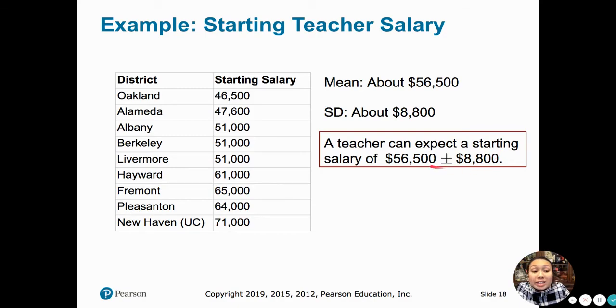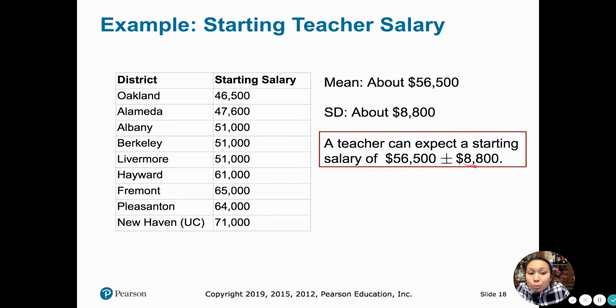In other words, they can expect to make about $8,800 less than $56,000, or they can expect $8,800 more than $56,000. And this is what we would say to be a typical starting salary.